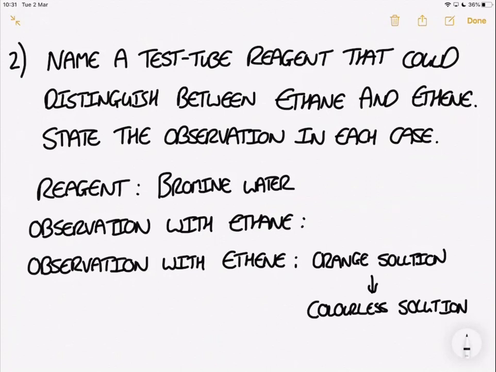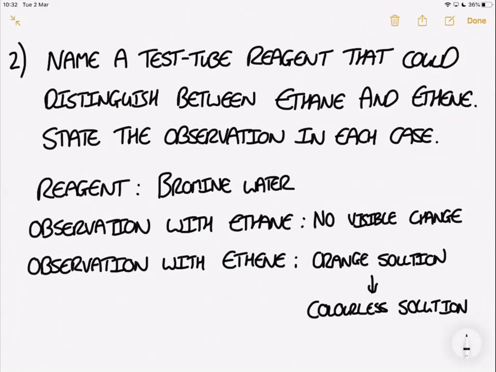The phrase we tend to use is one that goes no visible change. Sometimes abbreviated to NVC in mark schemes, but I would always just write it in full. No visible change. What that means is, what we just said, the orange solution would stay orange.